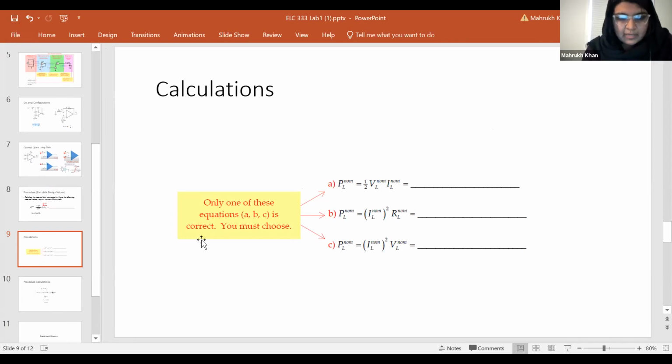These are the old labs, and these are all the defined labs. So these are the calculations, and you have to choose one of them to calculate the power. You have to decide which will describe the power rating.